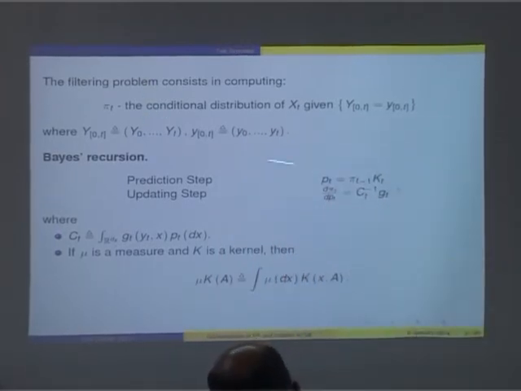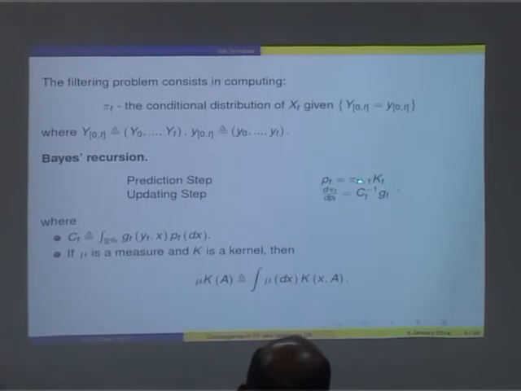Again, this was the filtering problem, and I made the point, which I'm going to come back to today, that the filtering problem evolves recursively. The conditional distribution of x_t evolves recursively, and Ramon has covered it already. To go from pi_{t-1} to pi_t, you go in two steps.